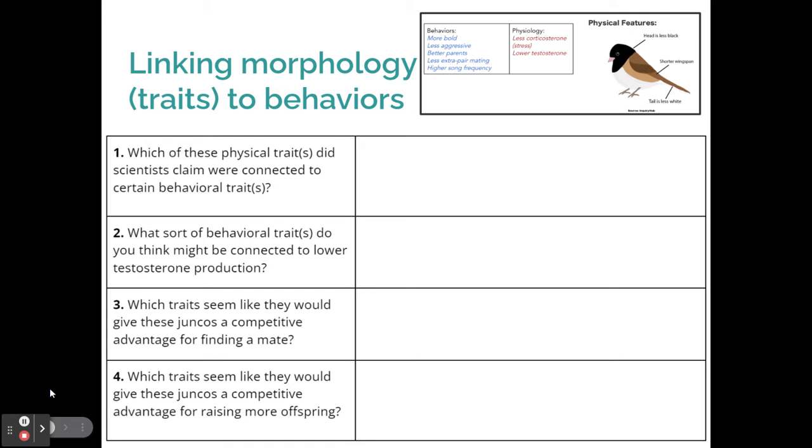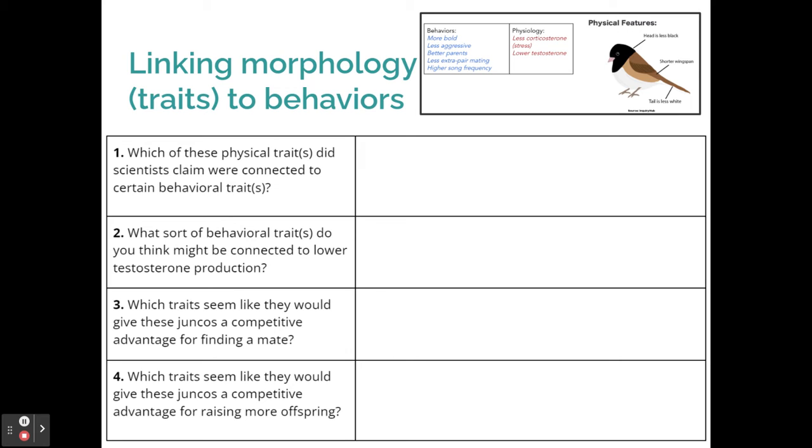In the video clips, the scientists told us that the lower levels of the stress hormone would help the birds to be more bold or less shy. It may also help them be less aggressive.